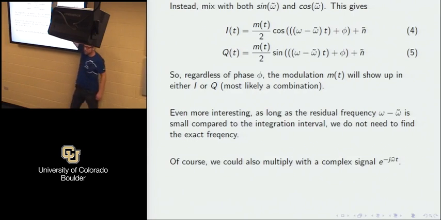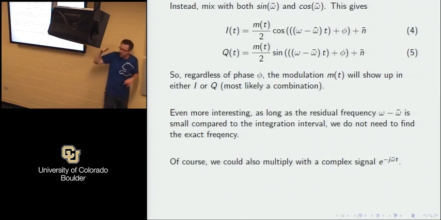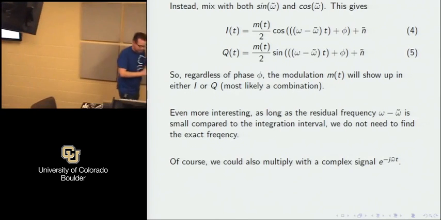Regardless of what this is, the signal energy is going to end up somewhere. Either I or Q, or most likely a combination of both. Right? And even more interesting, even if we're off a little bit, it's still going to work. Because we're only going to get a very slow sinusoid.